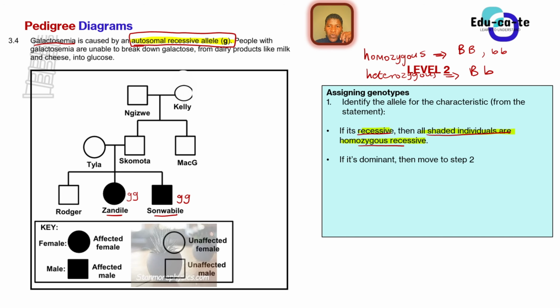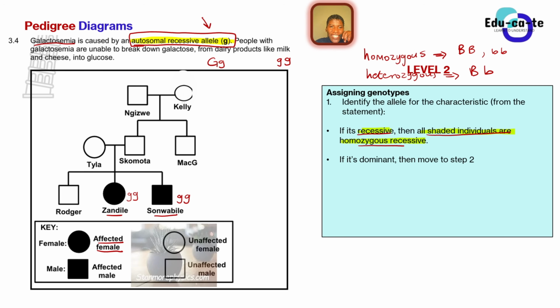One thing you should know is that for a recessive characteristic to show in the phenotype, it can only happen in the homozygous recessive condition. That is, for a person to be affected when the cause of the condition is a recessive allele, it must be small letter G, only this.